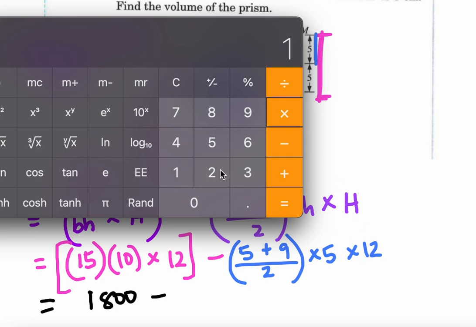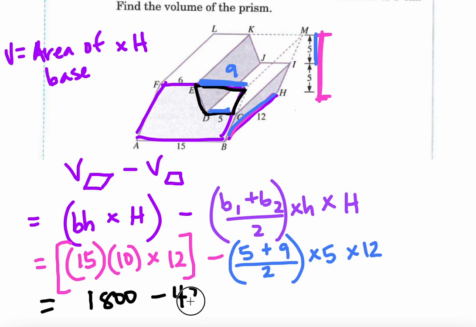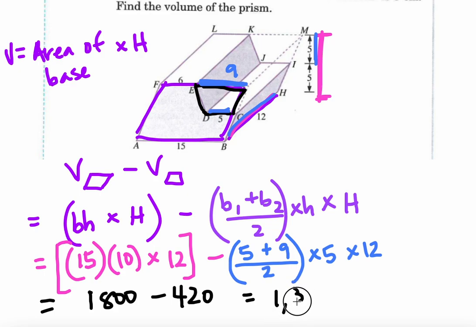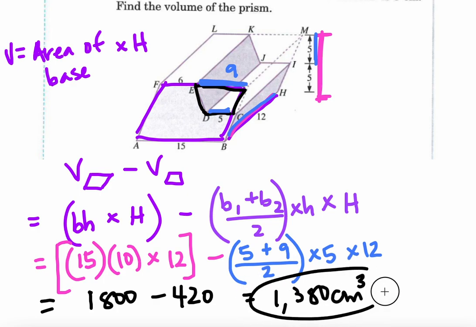Times my 12 is 420. So my answer is going to be that difference. 1800 minus 420 is 1,380. 1,380, this is the volume, so it's going to be centimeters cubed.